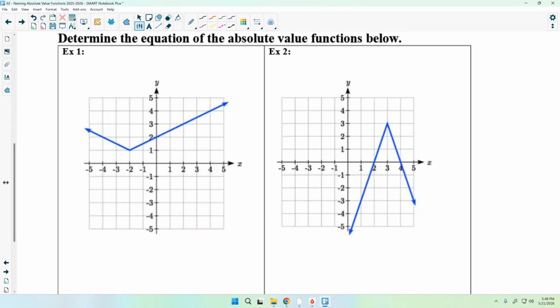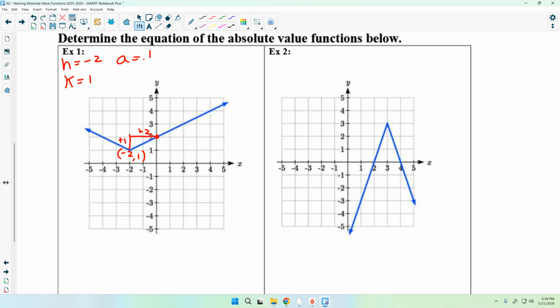Okay. So in our first example, we want to first identify our vertex. We can see that that's negative 2, 1, which tells us h is negative 2, k is 1. Now we want to find another perfect point. I can see one right here where we're going up 1 to the right 2, which would tell us our slope is 1/2, or in this case, our a value is 1/2, and it's opening up, so it's going to be positive.